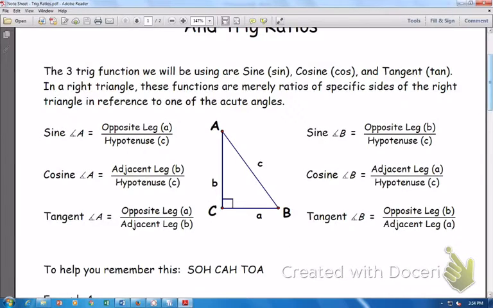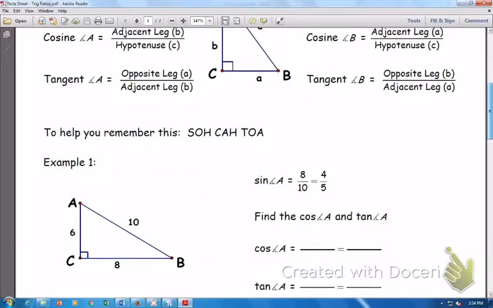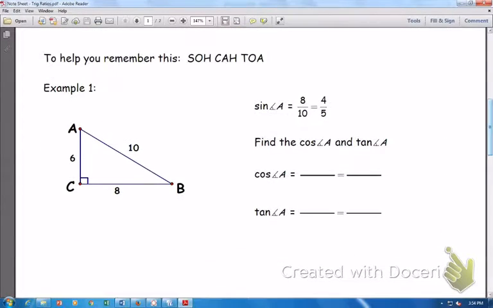Now, let's make sure that we can pick out the ratios themselves. To help you remember this, there's SOHCAHTOA. Not the first time you're going to see this. Everyone in the math world knows SOHCAHTOA, or at least basically what it stands for. Sine is the opposite over the hypotenuse.